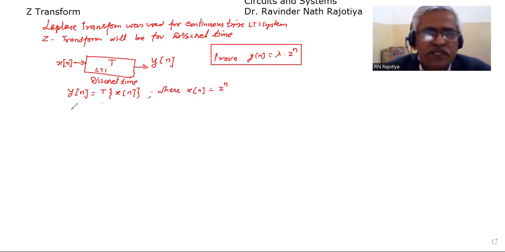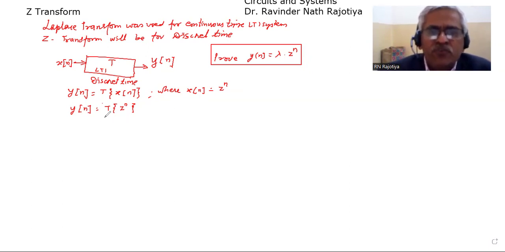Therefore, I can write y of n as a transformation on z power of n. This is exactly my signal.